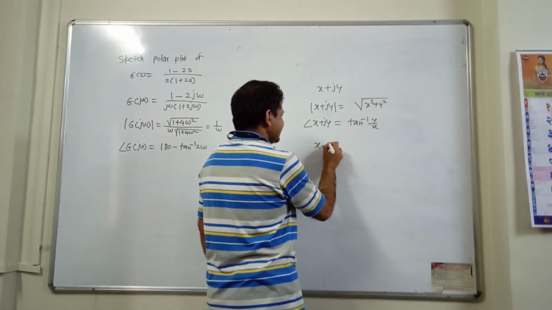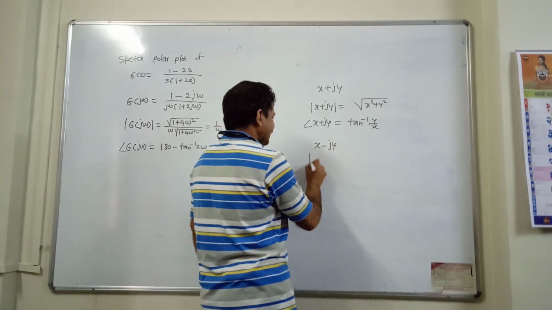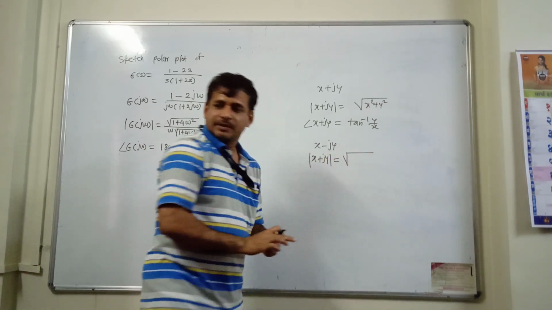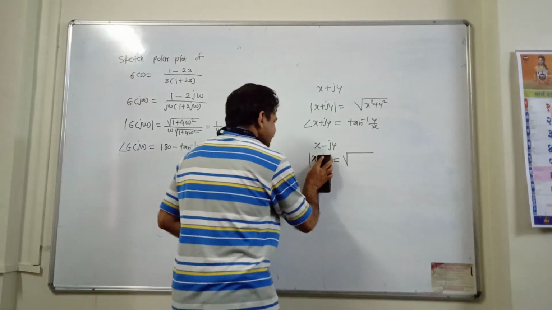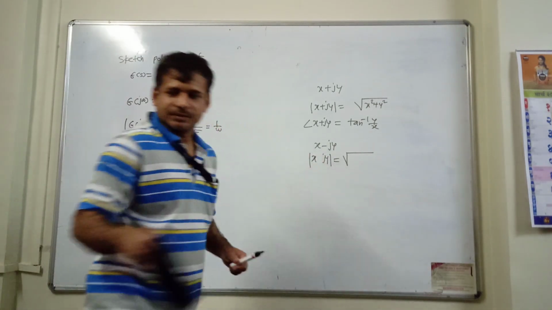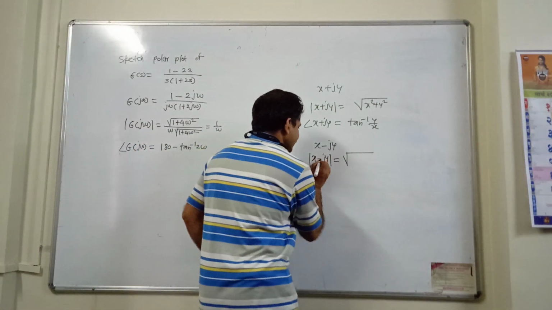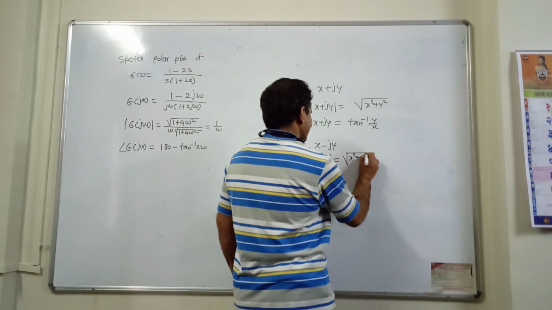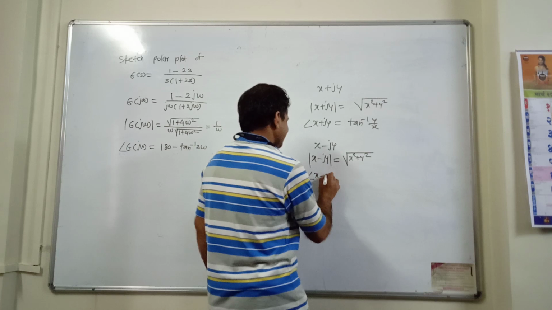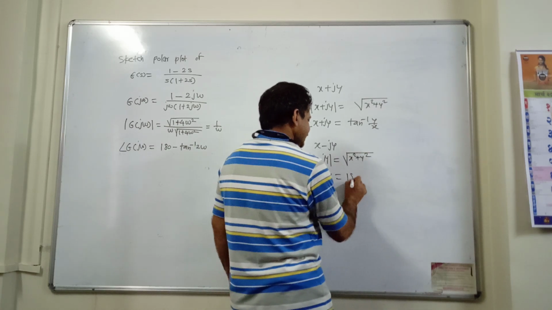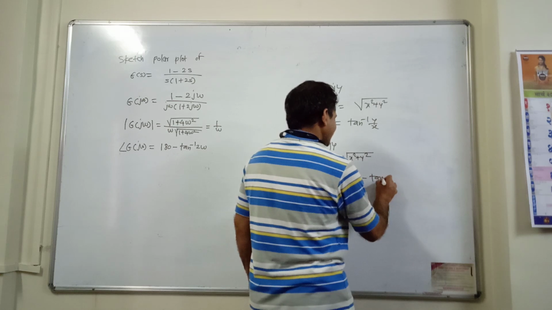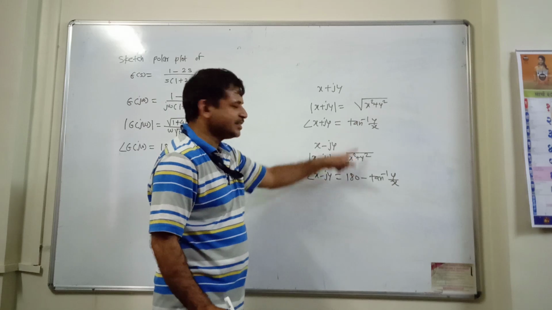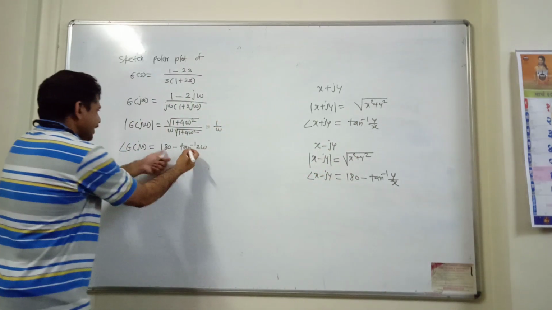Then what about x minus jy? x minus jy has the same magnitude as x plus jy, because the square of a negative number becomes positive. So this is again under root x square plus y square. But the phase is 180 minus tan inverse of imaginary by real. So this is the difference. The phase is different.